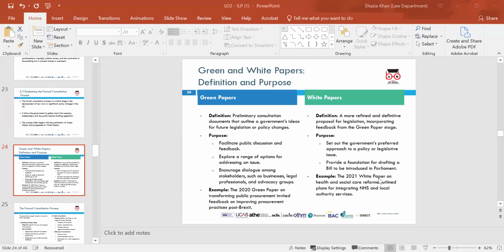Green papers are consultation documents produced by government, and the aim of the document is to allow both inside and outside Parliament to give the department feedback on its policy and legislative process.